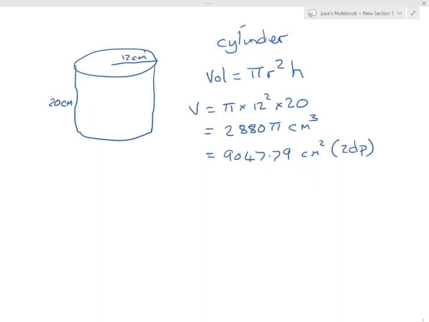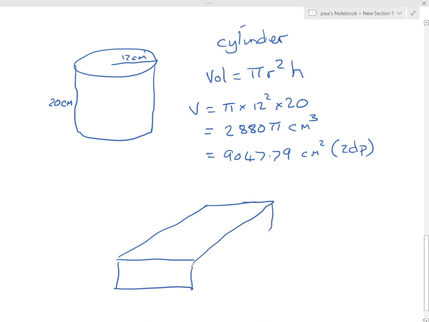We know how to work out the volume of a cuboid. So now we're going to have a cuboid like this. And I'll do the other side so we can see, make it 3D.